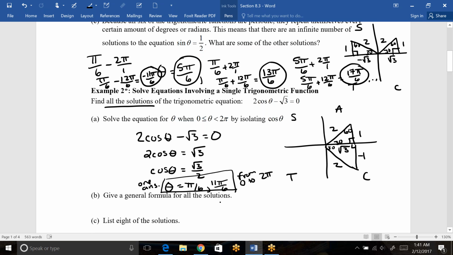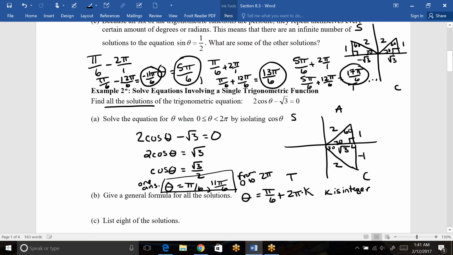So now we want a general formula for all the solutions. Well, we're going to take the answer we got, and the way we write this is we're going to add 2 pi multiples, where k stands for an integer. So either 2 or 4 or -1, -2.